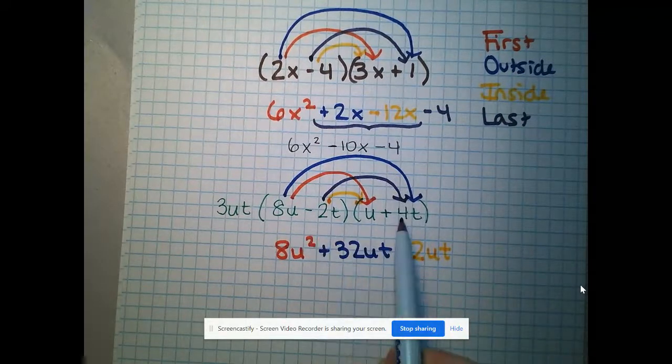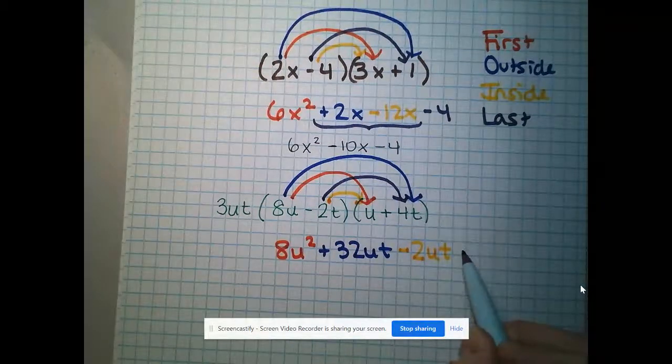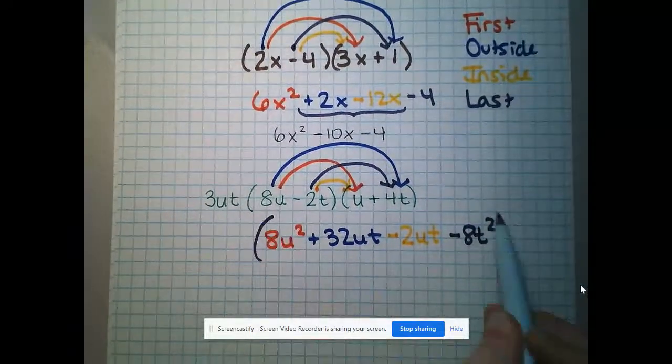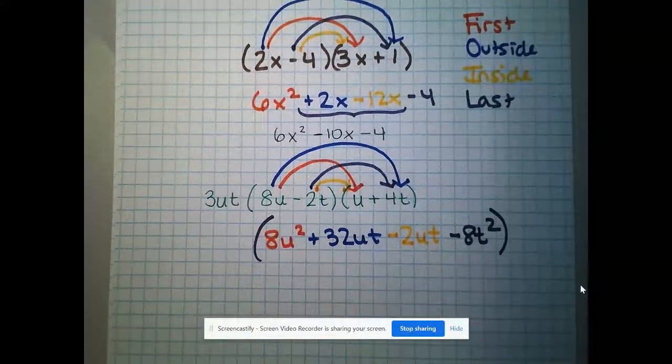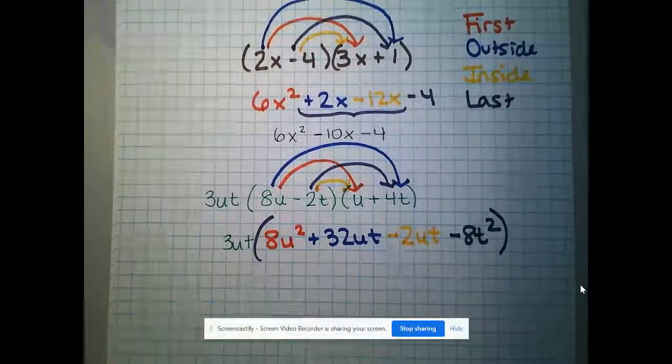So minus times a plus: there's one negative sign, or you can say the signs are different. 2 times 4 is 8, so minus 8. t times t is t squared. All of this goes in parentheses, and then you remember to stick that 3ut that you haven't used yet right back at the beginning.